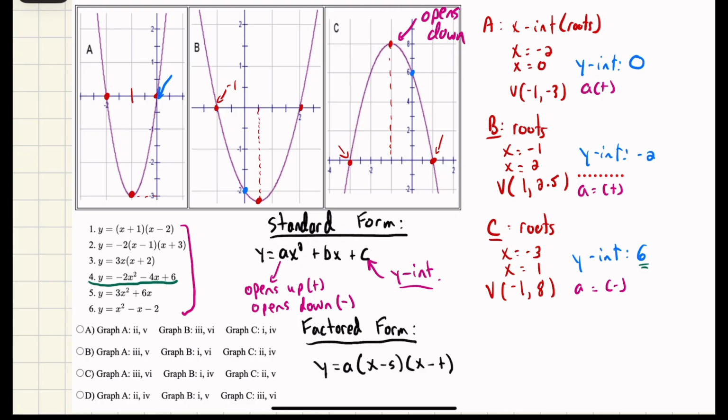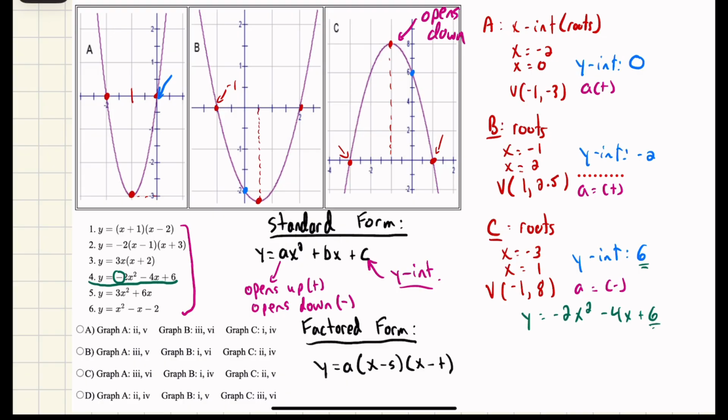So in this case, since C opens downwards, the A should also be negative, which we also see here. So it is very likely that this equation belongs to graph C, since it has the negative in front, indicating that it opens down, and it crosses the y-axis at 6.